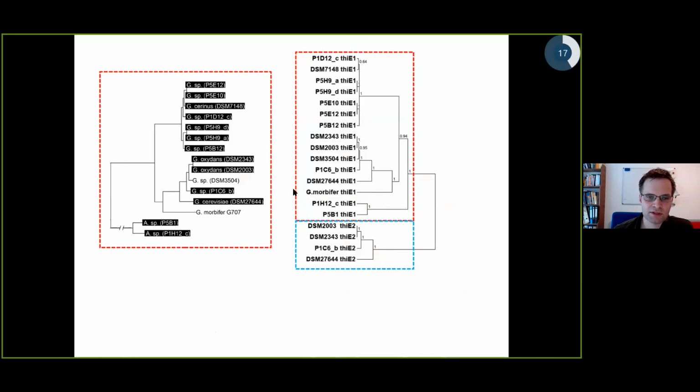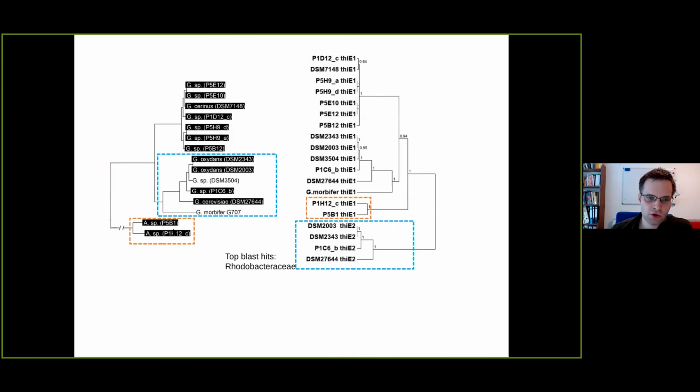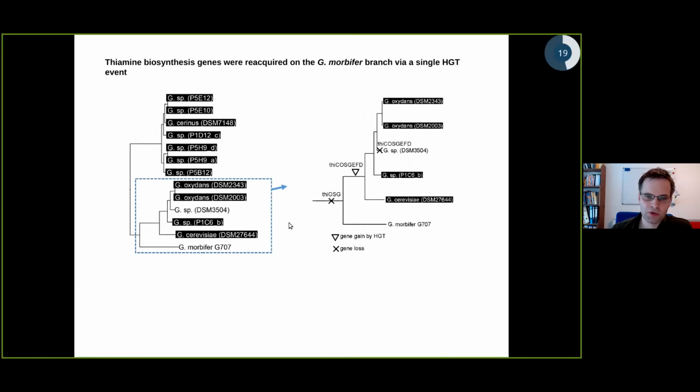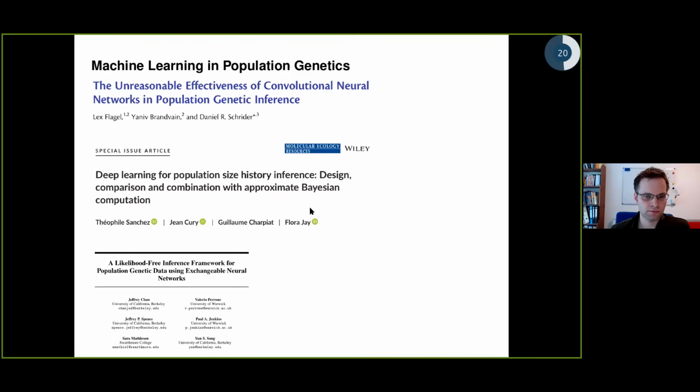So this is the species tree, this is the gene tree on the right, and this blue part here is the new genes which have been coming in by horizontal gene transfer. You can see that those two guys here are closer related to all the other ones than to these ones. So what we think has happened is it's been lost here and then regained here by horizontal gene transfer. And all of this can be reconstructed from this tree information.